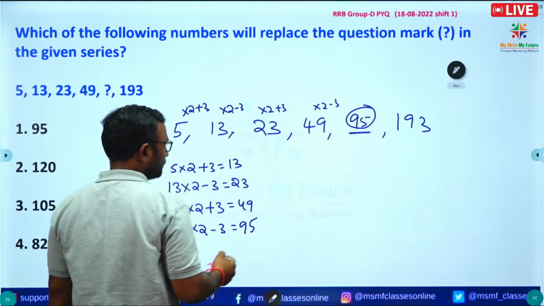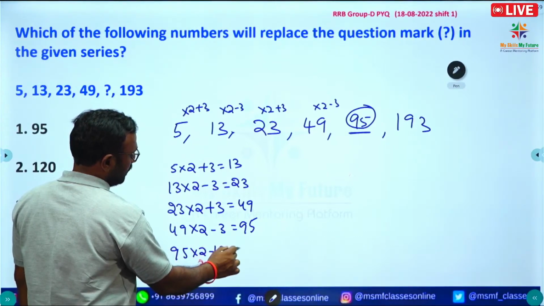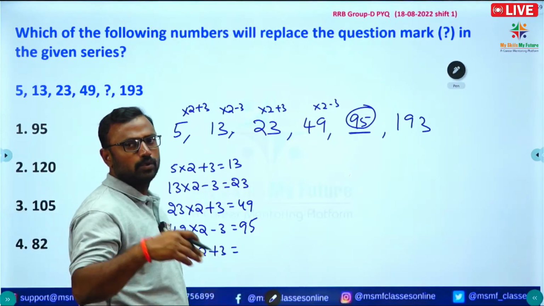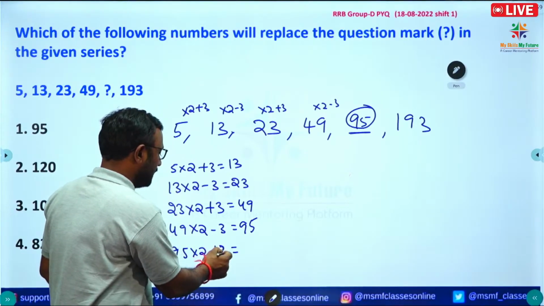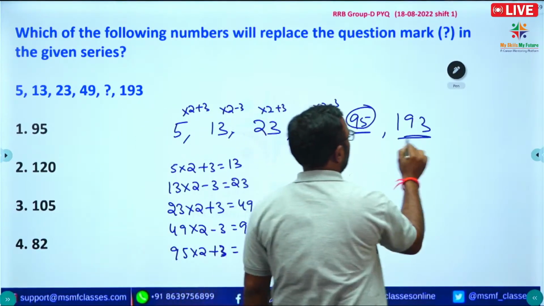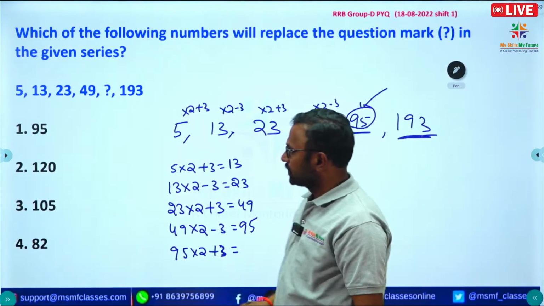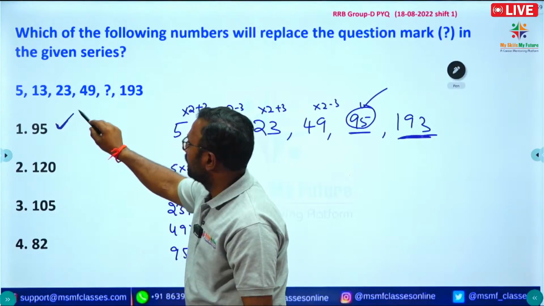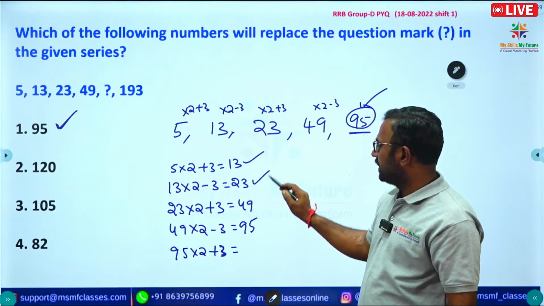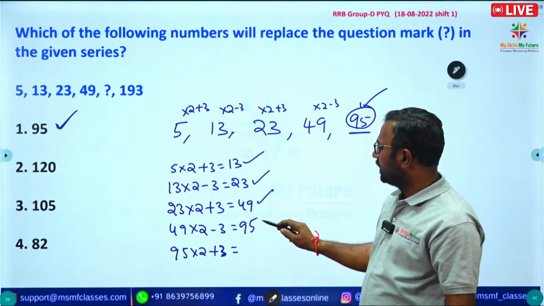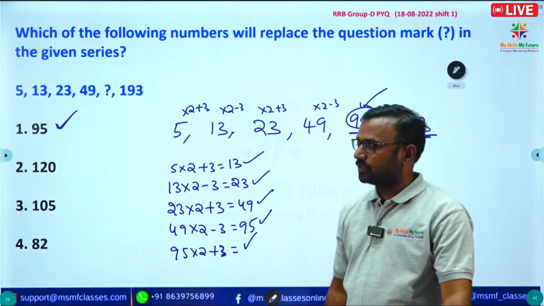Next, 95 into 2 plus 3: 95 into 2 means 190 plus 3 means 193. Yes, 95 is the correct answer, option 1 itself. So into 2 plus 3, into 2 minus 3, into 2 plus 3. Shall we move to the next question?